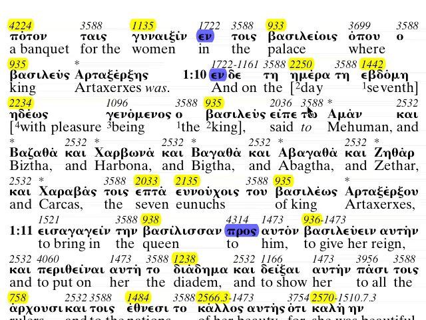And on the seventh day, ebdomi, hebdomad is a seventh, period of sevens, the king, being with pleasure, itheos, hedonism comes from that word, said to Mehuman and Bizzetha and Harbona and Bigtha and Abagtha and Zethar and Carcas, the epta, the seven, evnukos, eunuch, you can almost see it's a direct transliteration from the Greek into English, the seven eunuchs of King Artaxerxes.